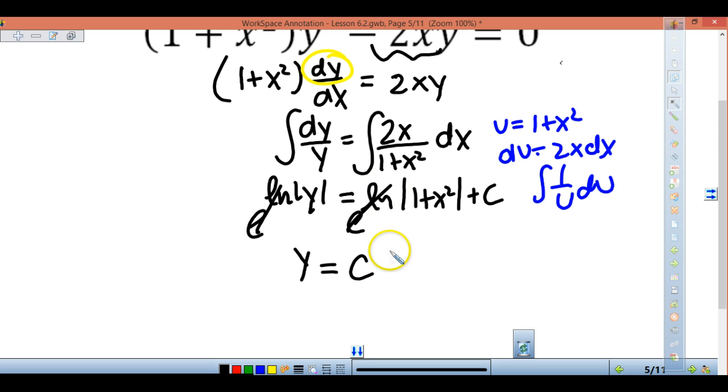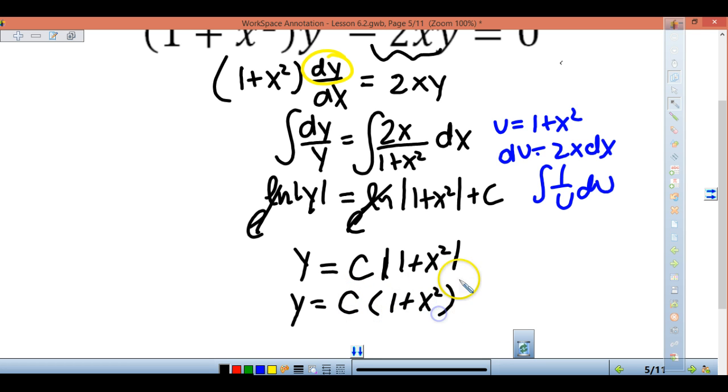The e and the natural log are going to cancel. So then it would just become c times 1 plus x squared. You can leave the absolute value. It could also be simplified out since any number squared is positive plus 1 is positive, so you don't need the absolute value there. So that would be the general solution to that differential equation.